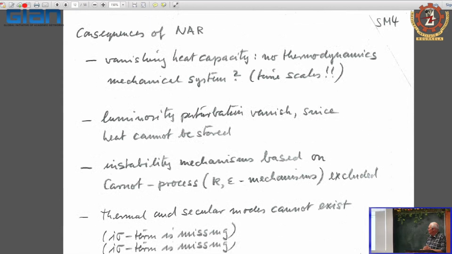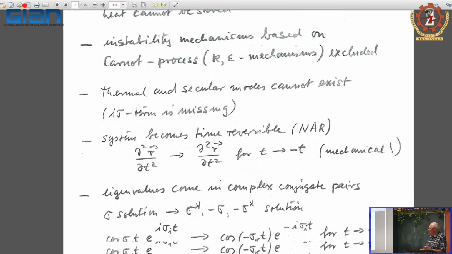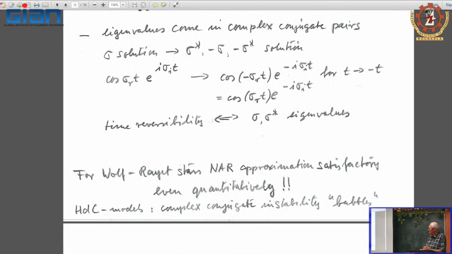So we are left with the following result: for Wolf-Rayet stars, the NAR approximation gives even quantitatively satisfactory results.